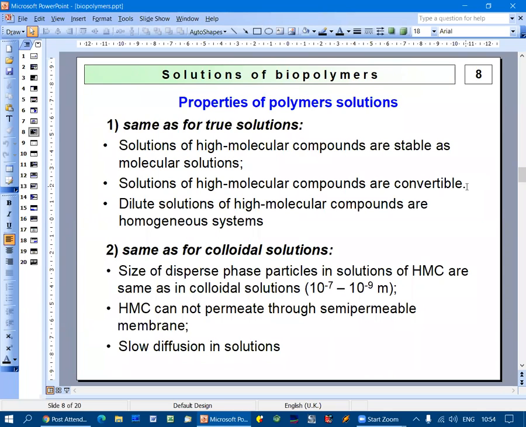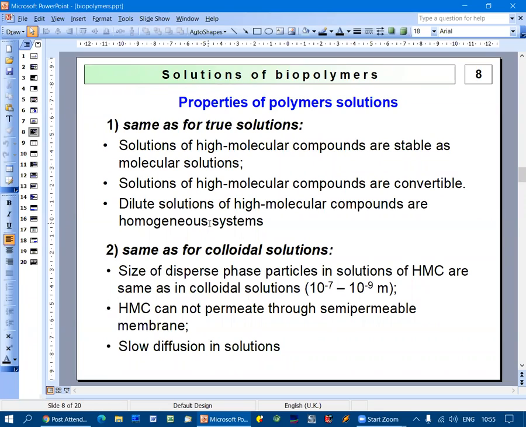But the forces of attraction between molecules of polymers are rather high. So usually if you increase the concentration, they will form colloidal systems. So for very dilute solutions, we can say that they are homogeneous systems, but usually they are not.